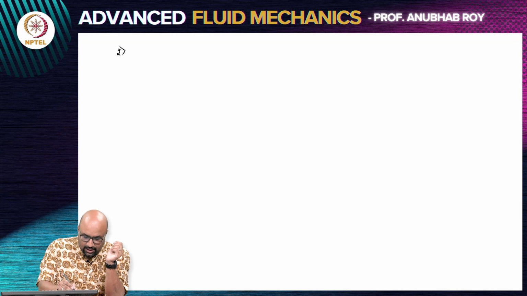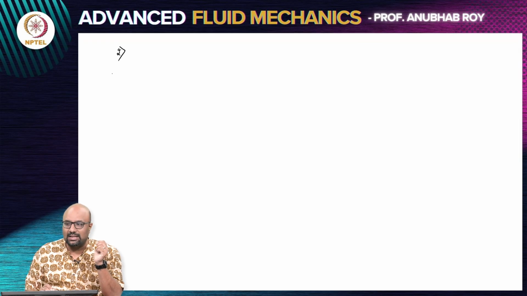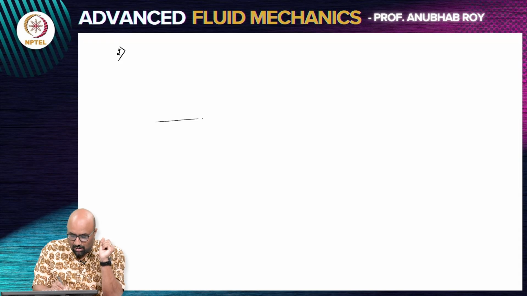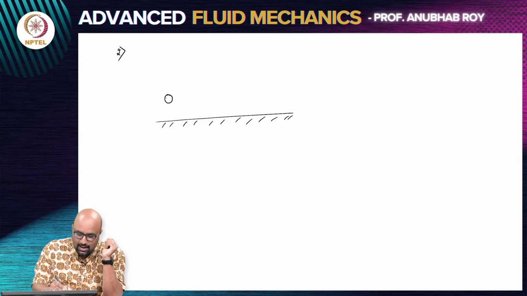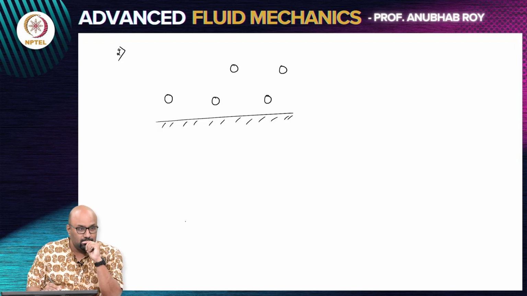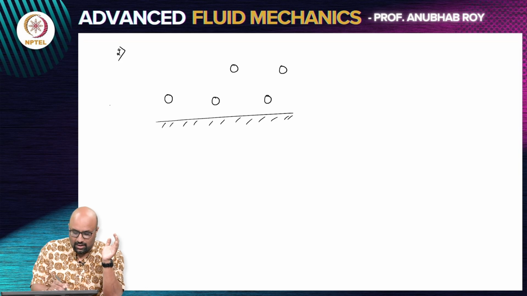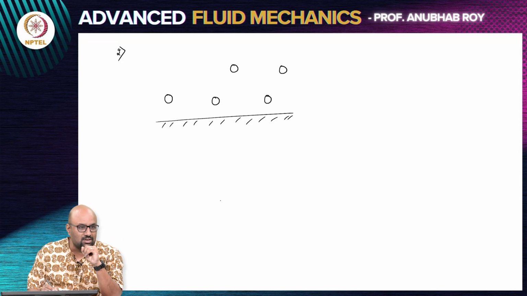The second boundary condition is not something that has such a strong conservation law basis. The second boundary condition says that if I look at a solid surface, I go back to the picture of the fluid actually being made up of molecules. Now these fluid molecules are getting transported. So let's say that you are trying to push fluid adjacent to a surface. As you try to push, the fluid, made up of these molecules, is sliding over the surface.